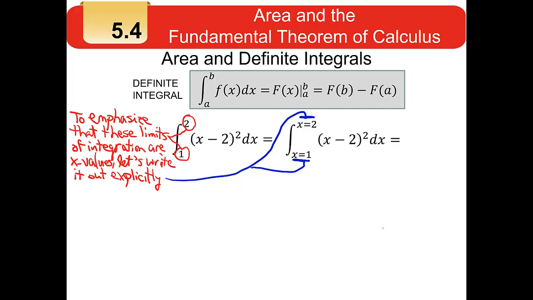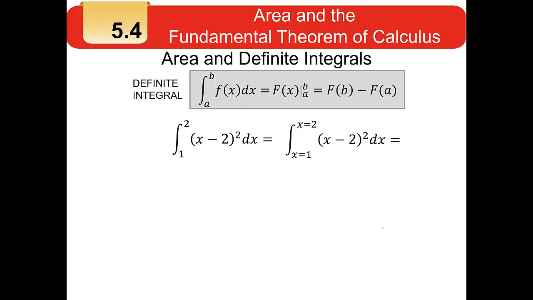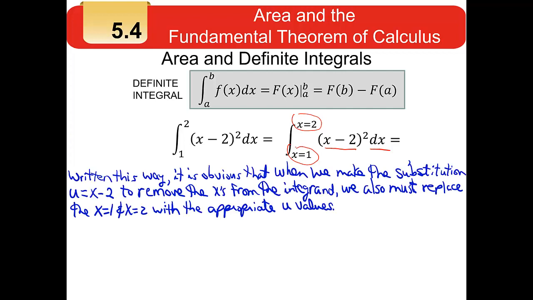And I'm going to do that by explicitly saying that 1 is really an x and that 2 is really an x. And the reason I'm saying that is if I'm going to do a substitution, not only do I have to worry about getting rid of the x's here and here, I've got to get rid of the x's here and here as well. And that's the extra thing you have to worry about when you're doing a substitution with a definite integral. But it's not difficult. Let me show you.